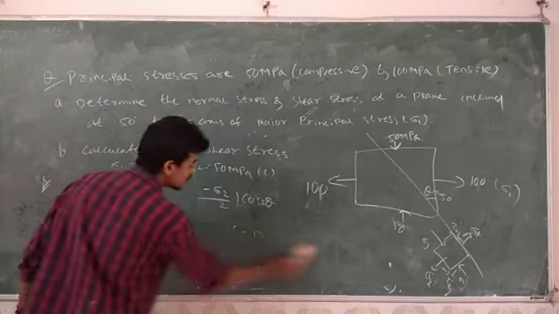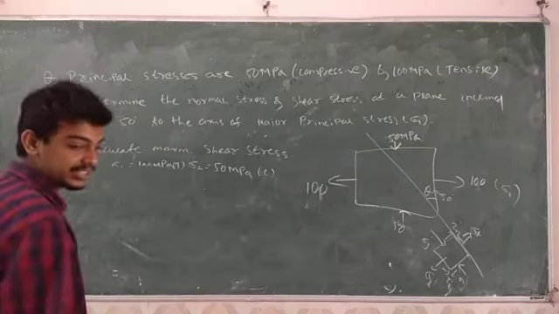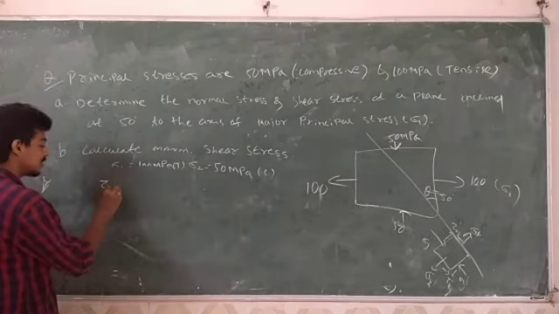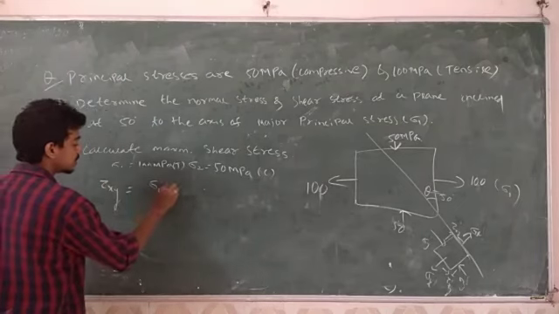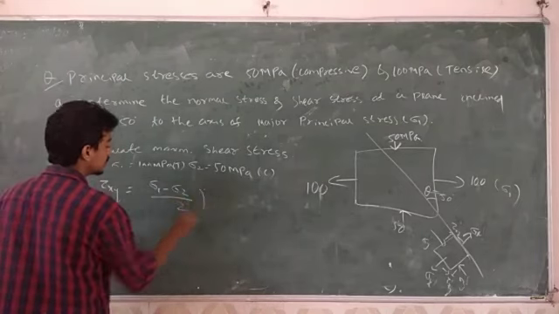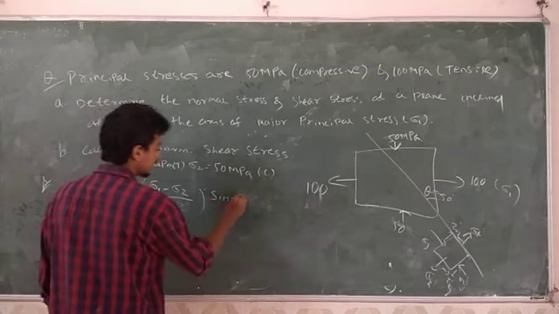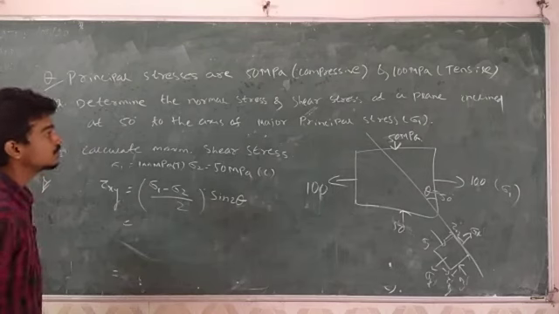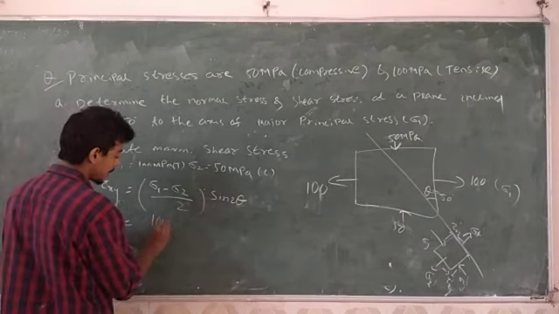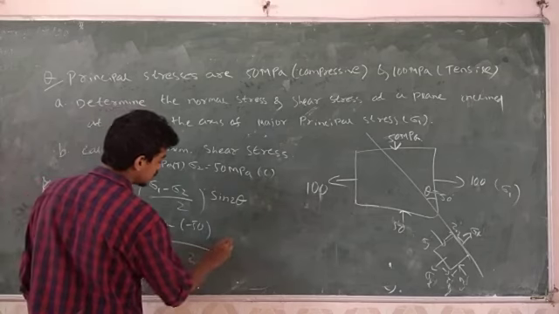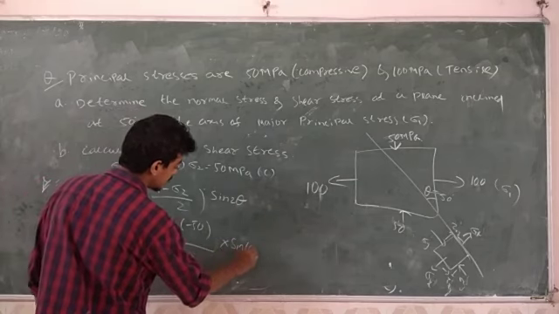So now for shear stress, the shear stress formula already written, that is sigma 1 minus sigma 2 by 2 sine 2 theta. Just put the values. Sigma 1 is 100 minus of minus 50 by 2 into sine 100.